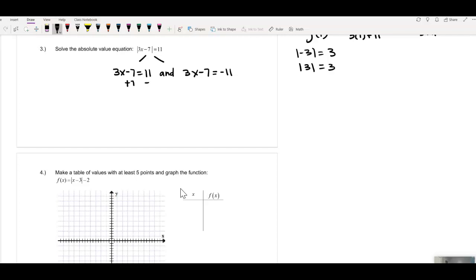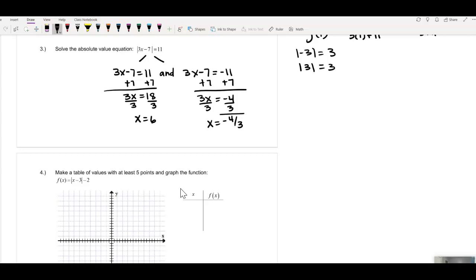Right? So here we need to add the 7 over. So 3x equals 18. So that means x must be 6. Here we'll add 7 over. We get 3x equals negative 4. And then divide by 3, x equals negative 4/3. So we came up with two different answers.